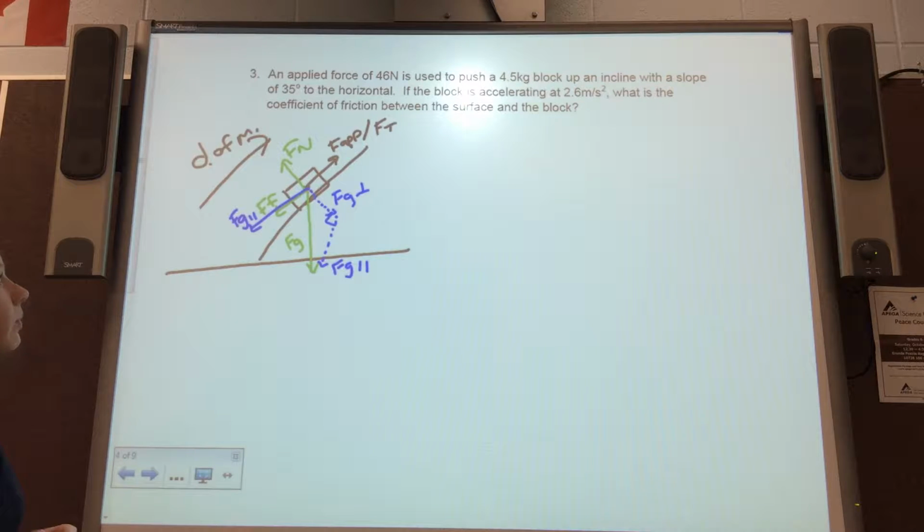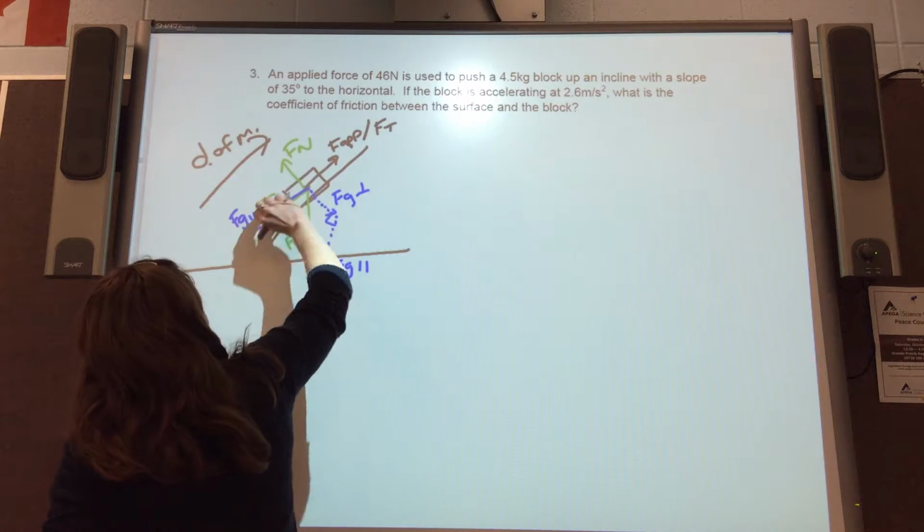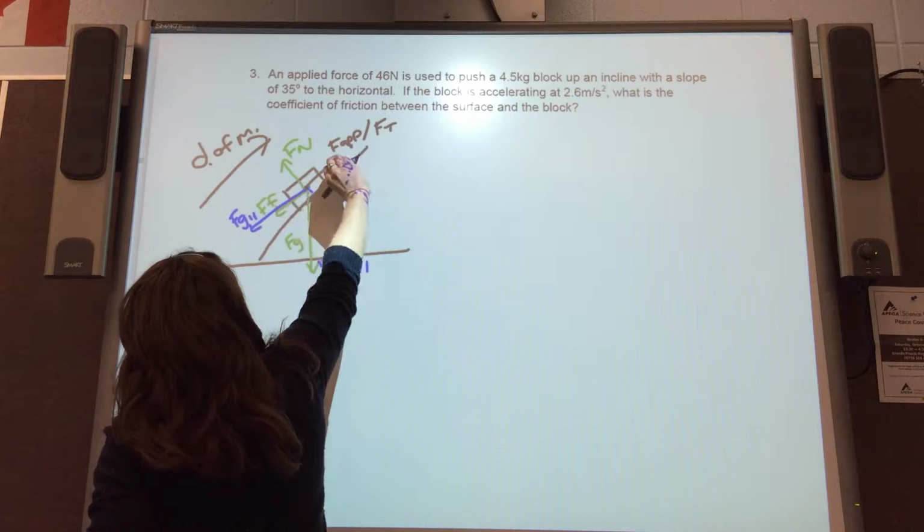So now I'm being asked to find the coefficient of friction. So what I'm going to start with is just writing out my F net for this equation. Now remember that when we're talking about these objects sliding down or being pulled up an incline, our F net is F net parallel, because our object is only moving parallel with the surface.